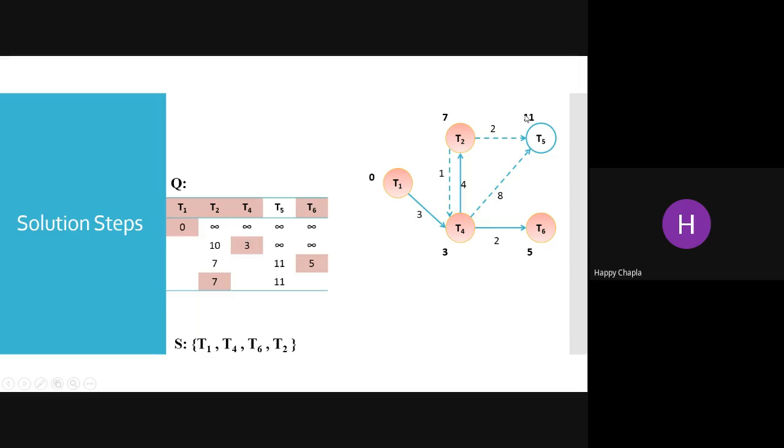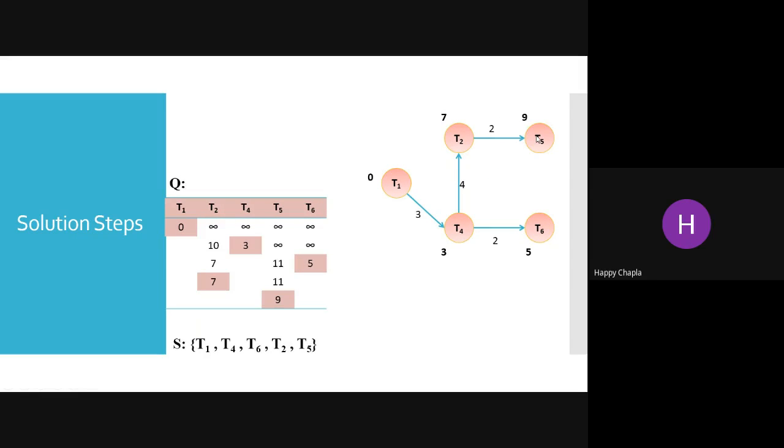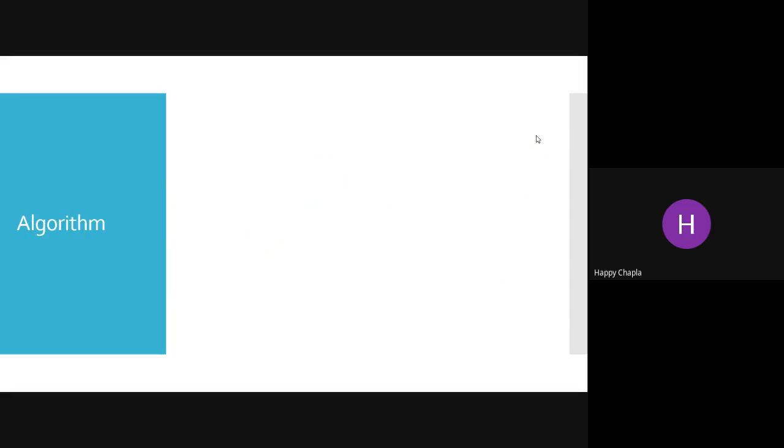So 9 and 11. Out of those two values, 9 is lesser. That's why we can choose this path. So we can add this T5 into the particular list.